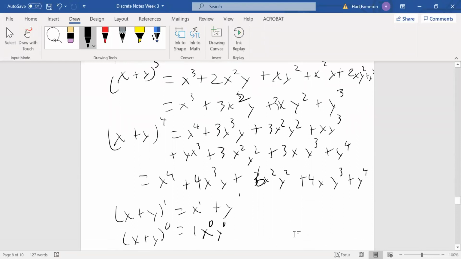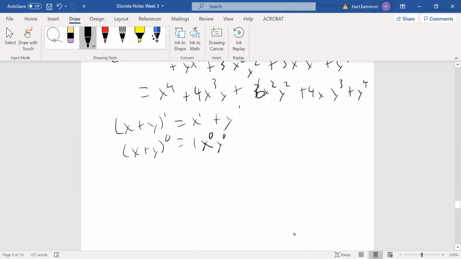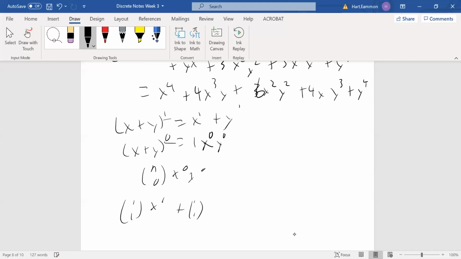Well, it relates via the fact that this term right here is n choose 0, where n is the power. For the first power, we're asking how many ways there are to pick 1, so it's 1 choose 0 plus 1 choose 1, with y to the 0 and y to the 1. So this is how many x's there are.